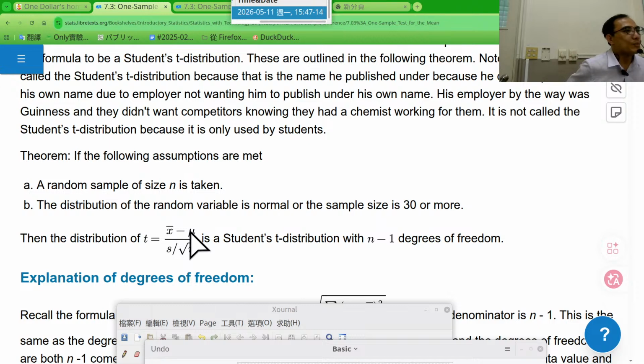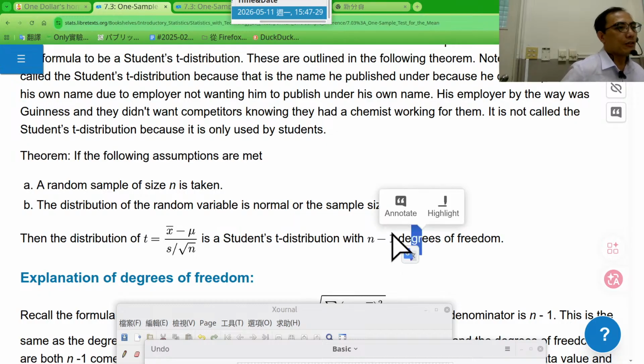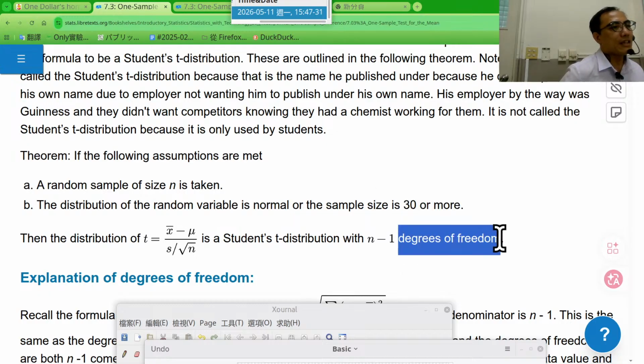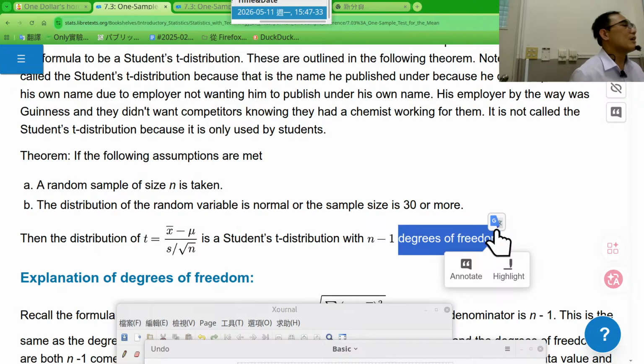The sample average minus mu, the population average, follows the student t distribution with n minus 1 degrees of freedom. Degrees of freedom are really hard to understand; I studied some textbooks and found it very hard.